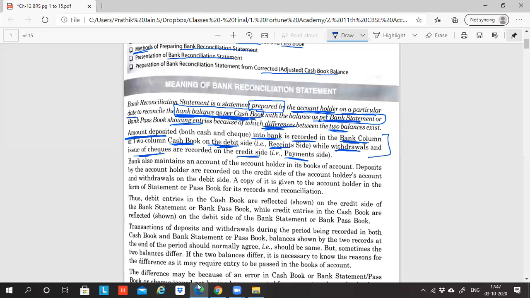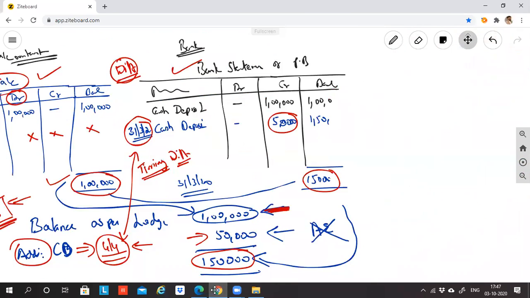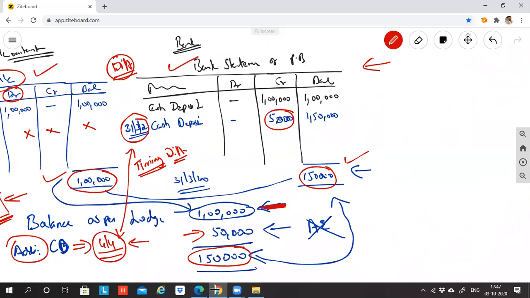Further, it says that bank also maintains an account of the account holder in its books of account. Apart from what we maintain, there is a statement which the bank maintains, because tomorrow the bank will want to know, for this particular account holder, what money came in and what money went out.